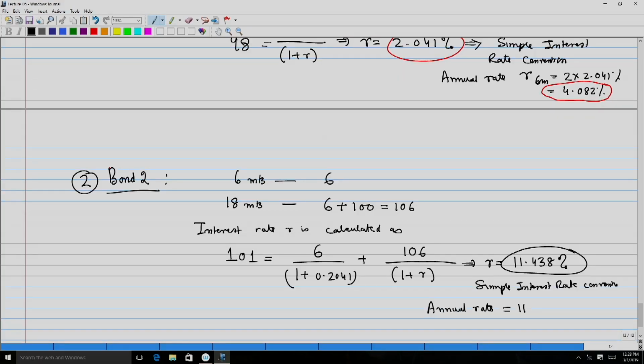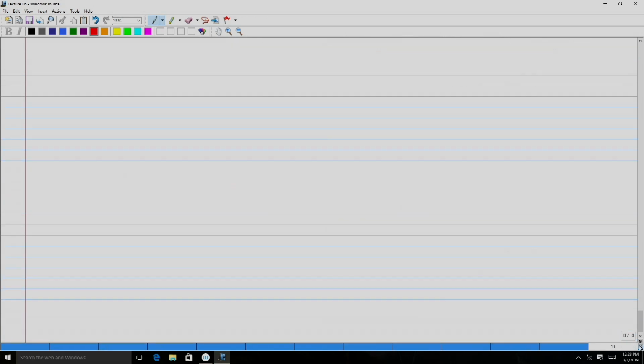So, 11.438% has to be multiplied by a factor of 12/18, which is 2/3, and therefore, this annual rate turns out to be equal to 7.625%. So, this is another key number. I basically found out the second interest rate in the term structure, which is applicable in case of 18 months. Now, let me come back to the third bond.